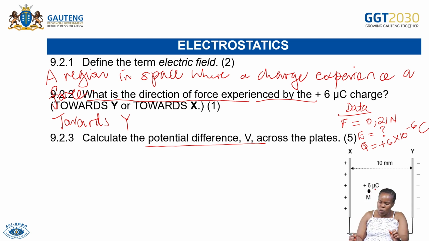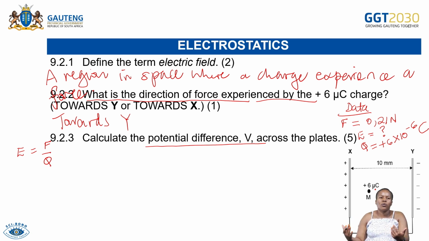Using this information, we're able to find the electric field strength, which we are going to use next to find the potential difference. So we start by saying E is equal to F over Q, and this formula is there in your formula sheet.